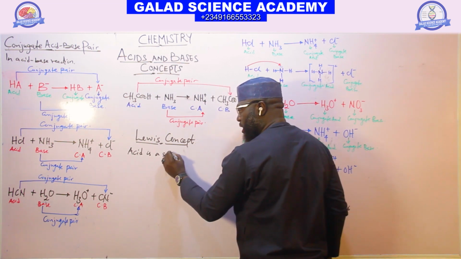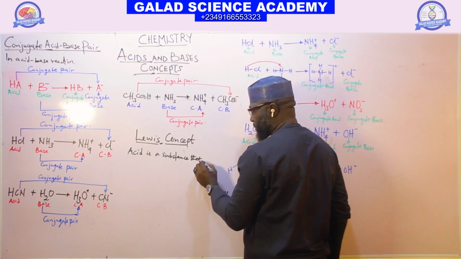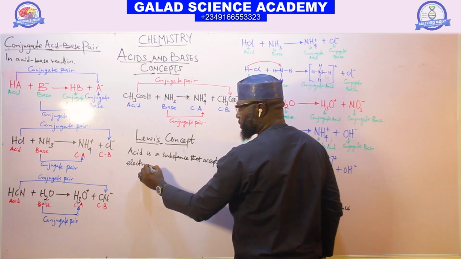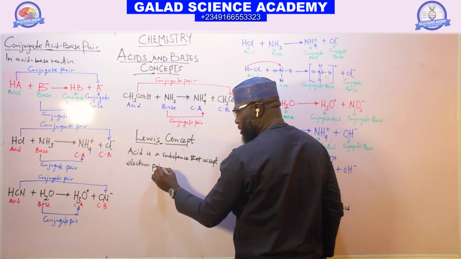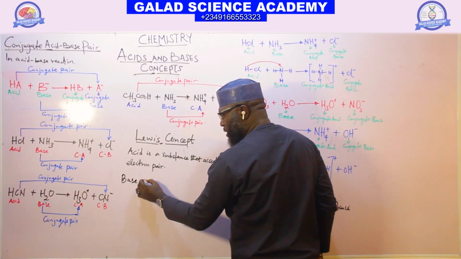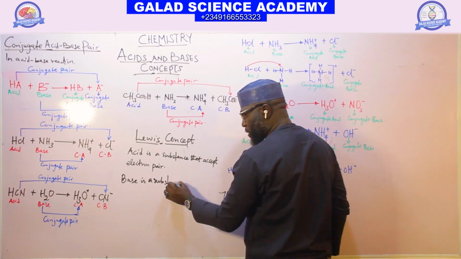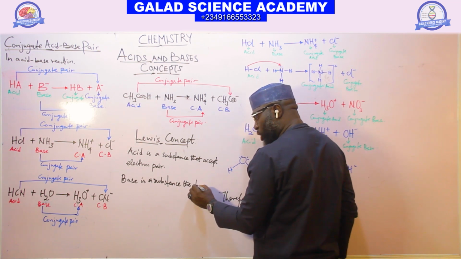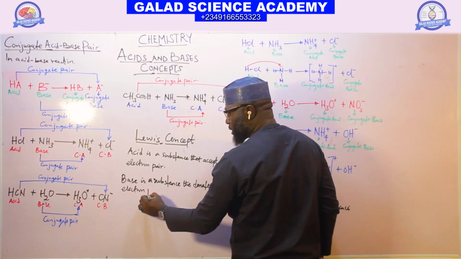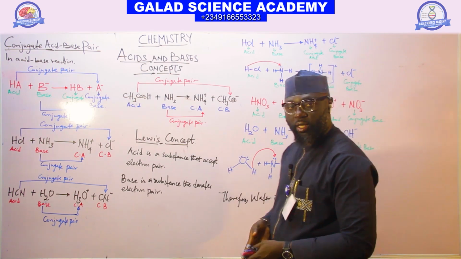is a substance that accepts electron pair, while base is a substance that donates electron pair. The thing is very easy.